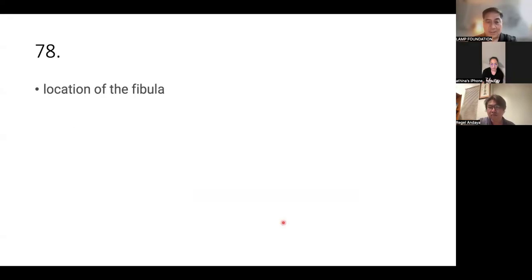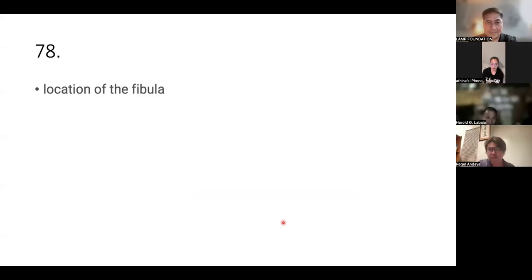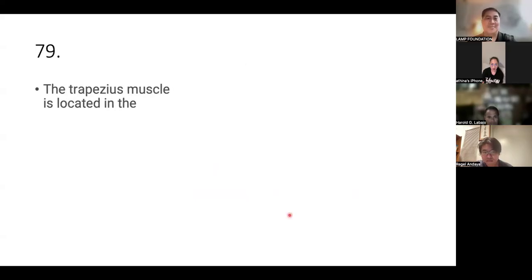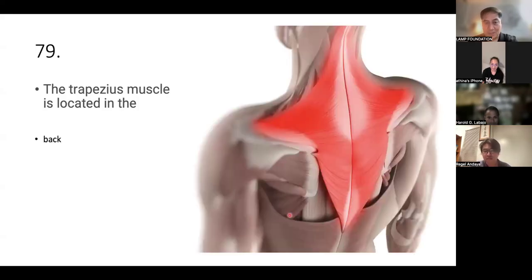Location of the fibula. On the lateral side, it's from the knee to the ankle. So if the fibula is on the lateral, what is on the medial? The tibia. The trapezius muscle is located where? It's located in the back. That's the trapezius.